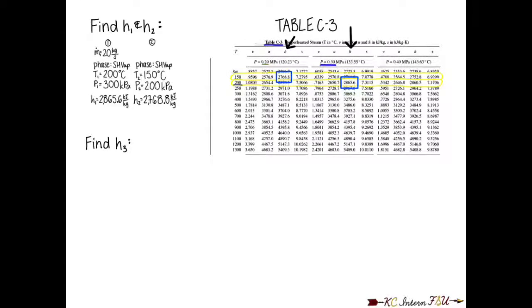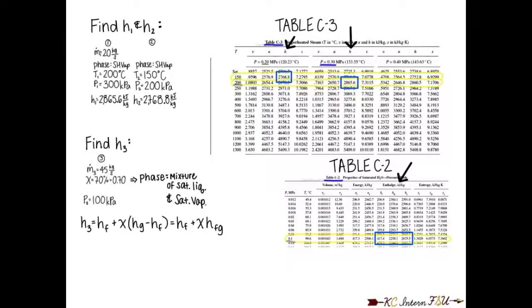Next, we will determine H3. From the given information, we can determine the phase of the flow to be a mixture of saturated liquid and saturated vapor, since the value of quality is between 0 and 1. Using table C2 and the equation H3 is equal to HF plus X times HG minus HF, along with the values for HF and HG, we can determine H3.